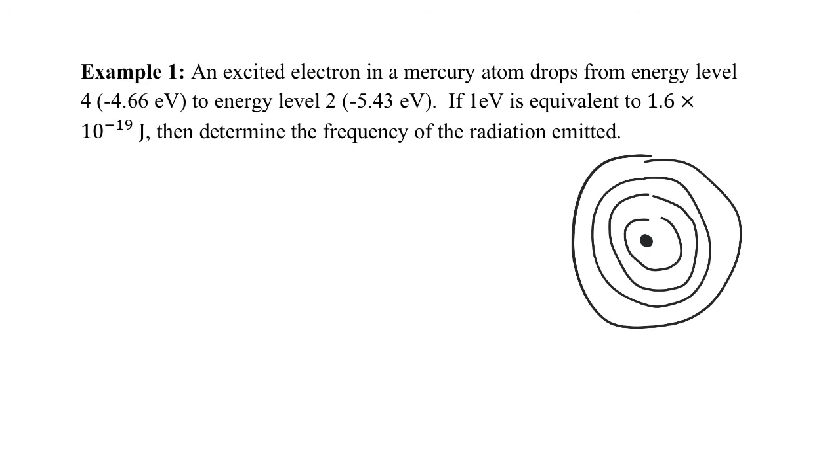So, for example, this is E1, E2, E3, E4, each ring. And I told you a minute ago, as you go out further, you get more energy. But if you look at the numbers here, it would look a bit counterintuitive, right? It says that energy level 4 is this, and energy level 2 is this.